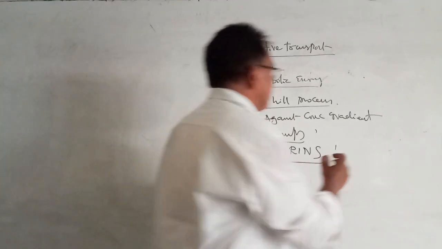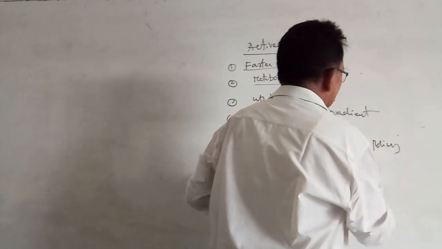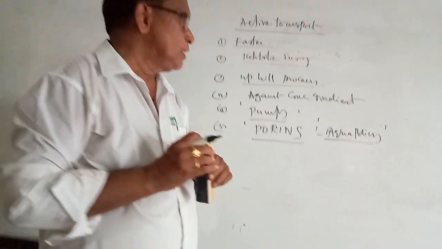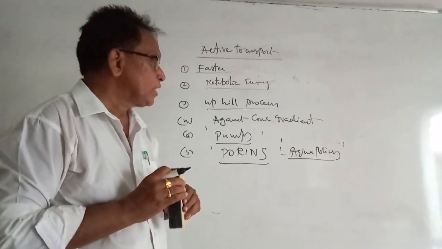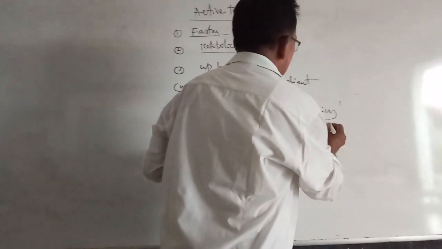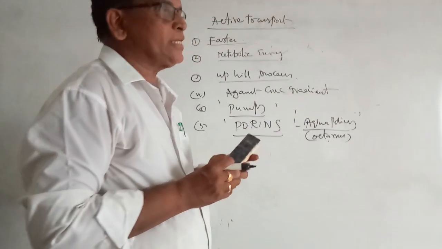And some aquaporins are also there. These aquaporins are mainly responsible for the transport of water from outside to the inside, and these aquaporins are octamers. They are made up of 8 proteins.